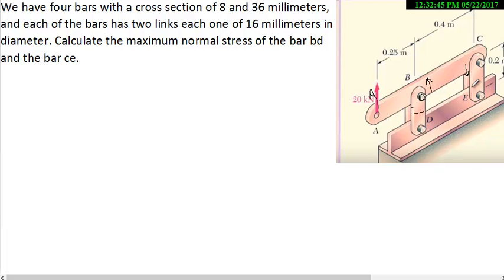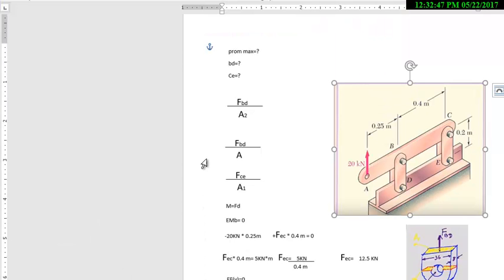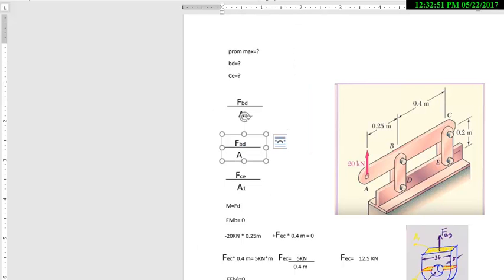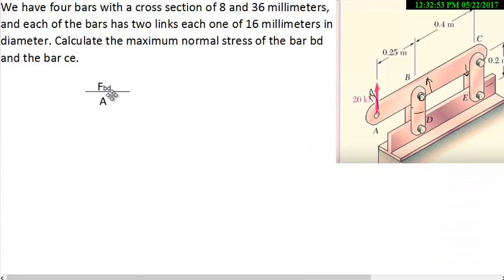Now, the formula that we use to calculate the normal stress is this one right here. That will be equal to the force in BD over the area in BD. But we need to remember that they are asking about the maximum normal stress in the bar BD and in the bar CE.